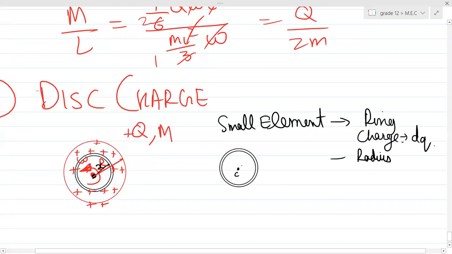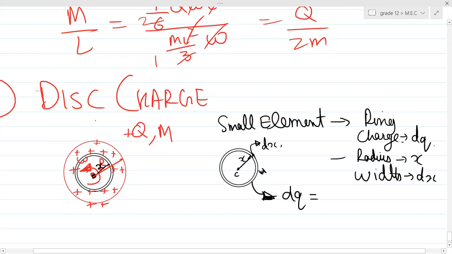So the radius is x, and the width of this thing shall be dx. Yes or no? Is this clear, guys? The small element. What is the charge on this? The charge on this is basically dq.